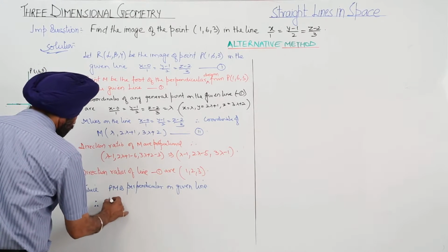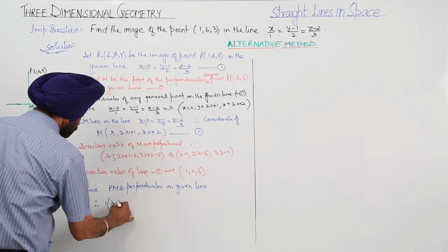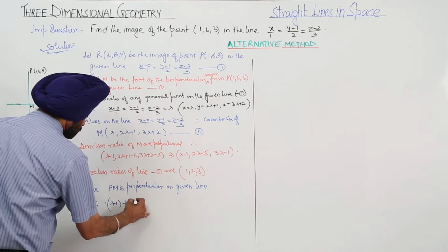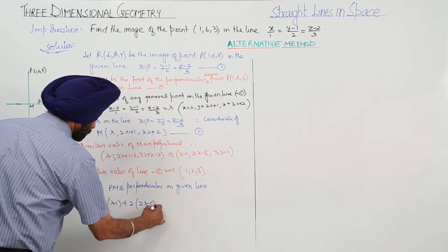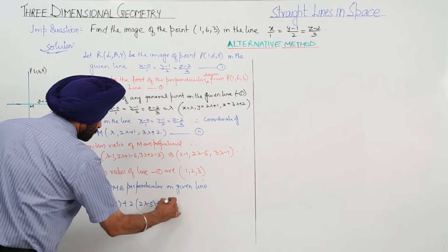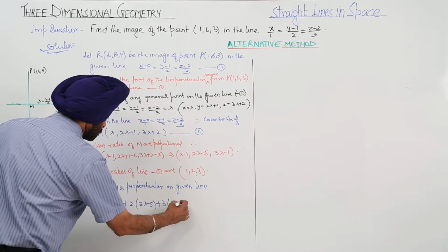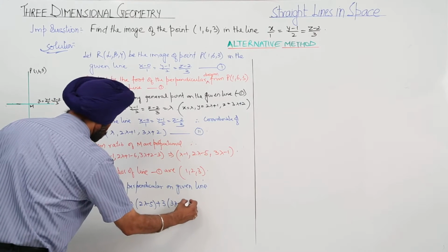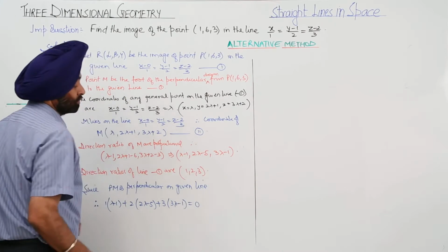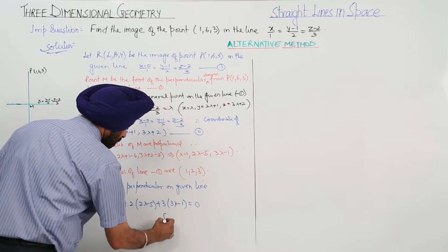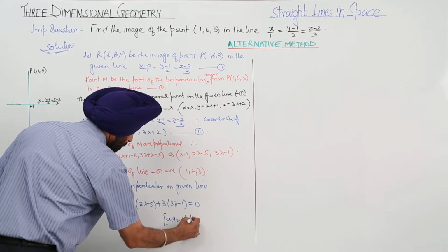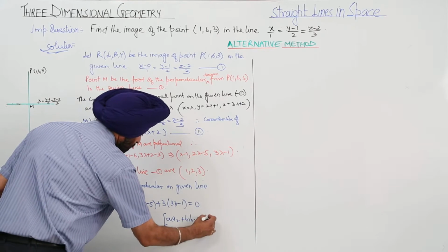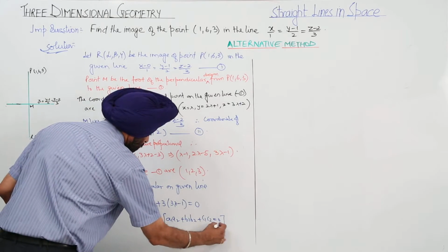So 1 with lambda minus 1 plus 2 with 2 lambda minus 5 plus 3 with 3 lambda minus 1 is equal to 0. Now what we have done? We have used A1 A2 plus B1 B2 plus C1 C2 is equal to 0.